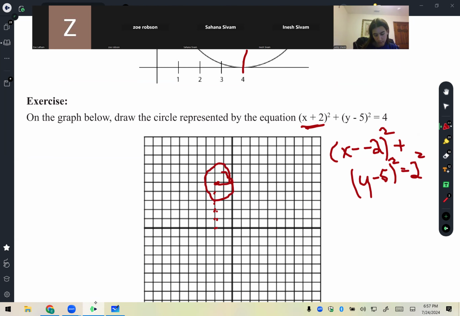And so our circle would sort of look like that. That's a little sloppy. It's hard to draw on this screen. That's a good circle right there. We give it some eyes and a mouth. Okay, I just wanted you to be very familiar with this because 10 points is 10 points.